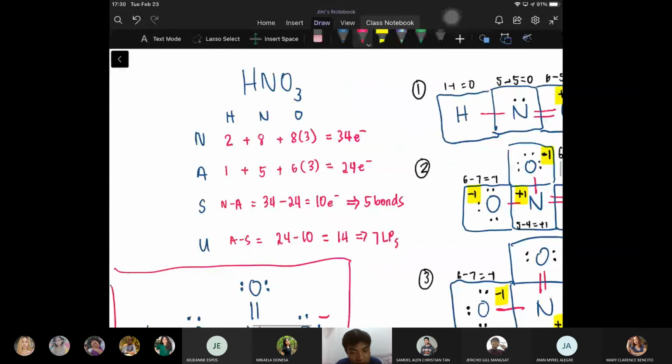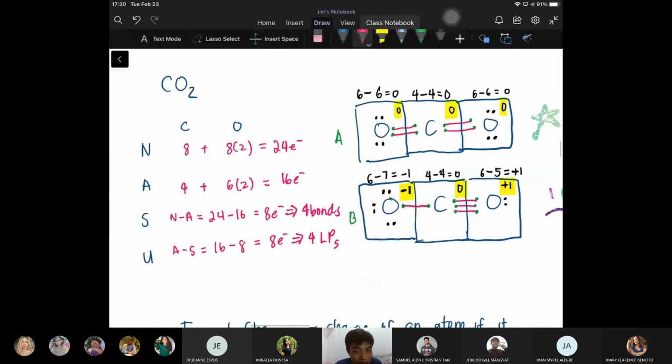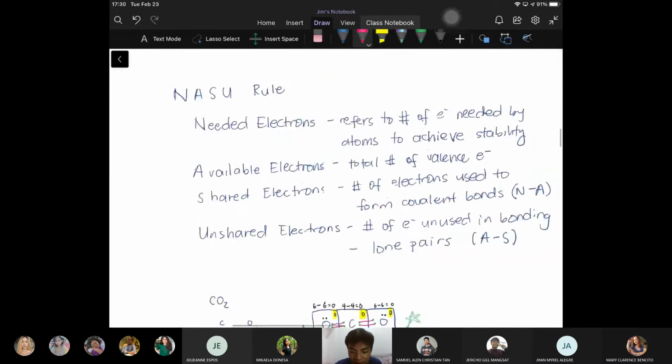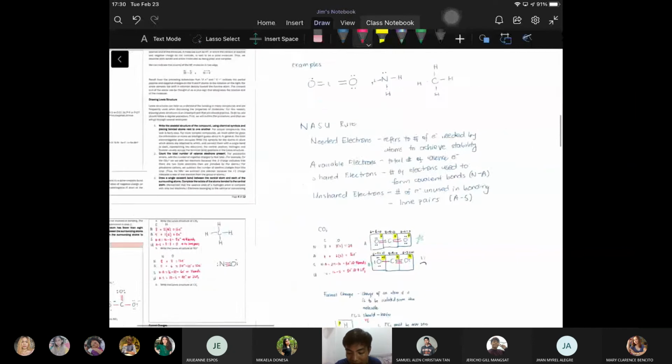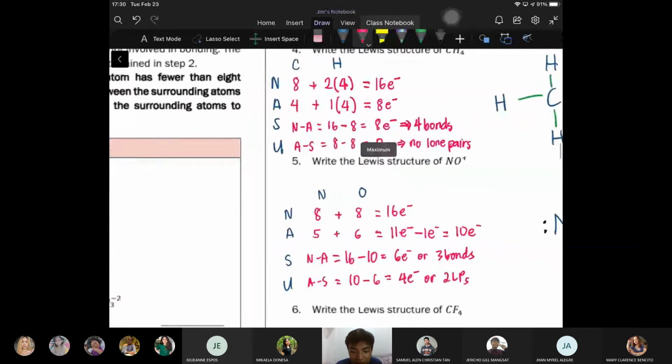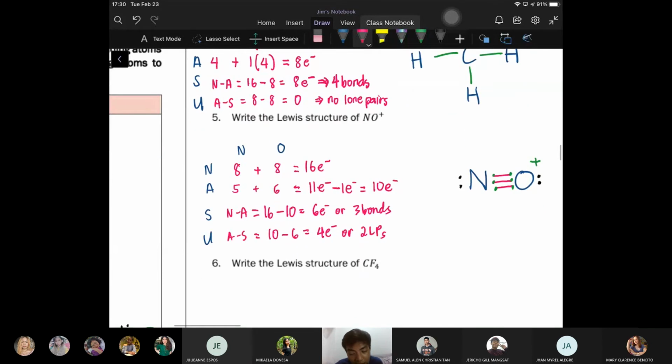Nitric acid, A is 24, even number. Carbon dioxide, A is 16, even number. CH4, A is 8, even number. NO+, may nitrogen yan, pero tignan mo, yung A ay even number.